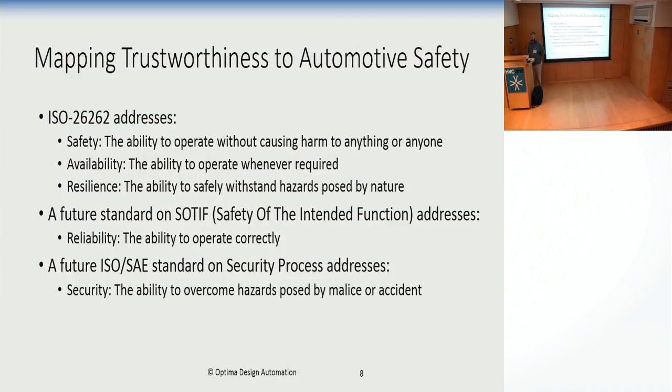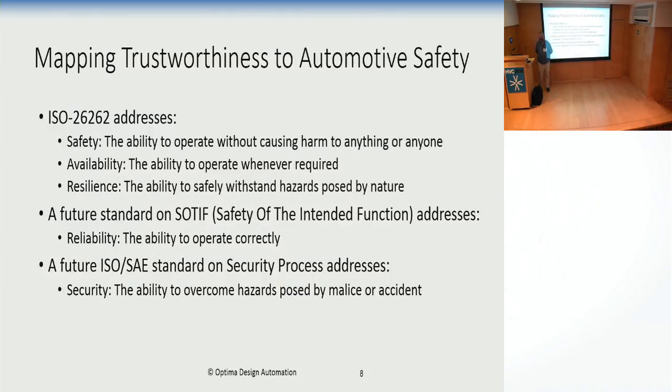So mapping this to what's happening in automotive, you can see that ISO 26262 is already addressing at least 3 of these aspects. It is talking about safety, it is talking about availability, and it's talking about resilience. There are 2 brother or sibling approaches that are trying to address the missing aspects.